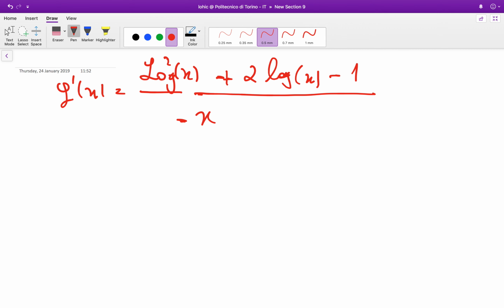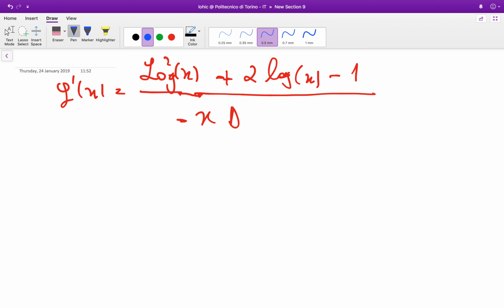Yes, it is minus x multiplied by the denominator, right? Yes, it was minus 1 over x times. I repeat what my student just reminded me: we took minus 1 over x outside, so it wasn't 1 over x. That's why we have this minus here, and the denominator is what we had in the previous board.